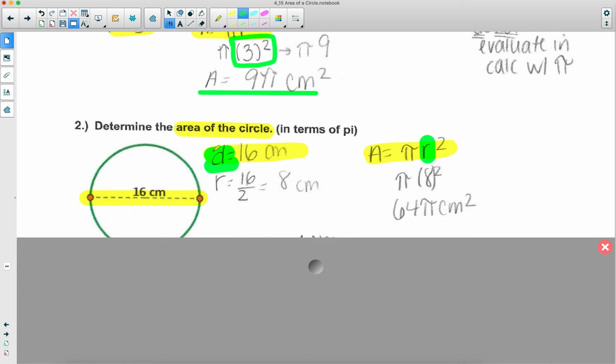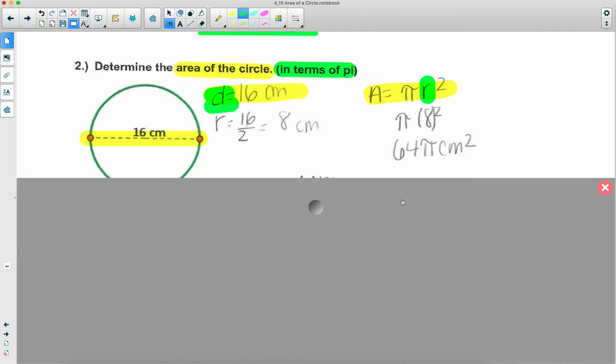So I have to use my diameter and figure out what the radius is. You take half: half of your diameter is your radius. So your radius here is 8. Once we get our 8, we substitute it in. It says in terms of pi, so I'm just evaluating 8 squared, which is 64. So my final answer is 64 pi square centimeters.